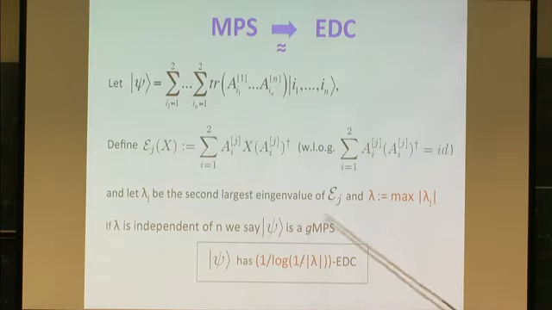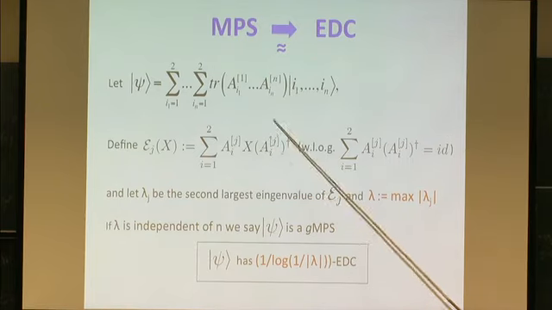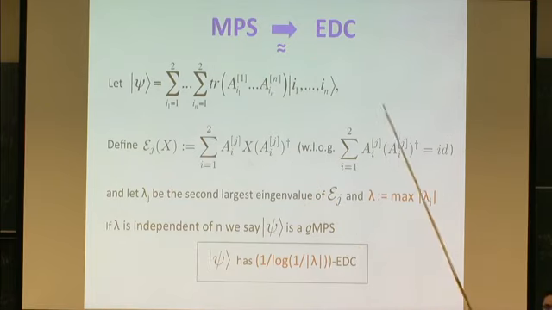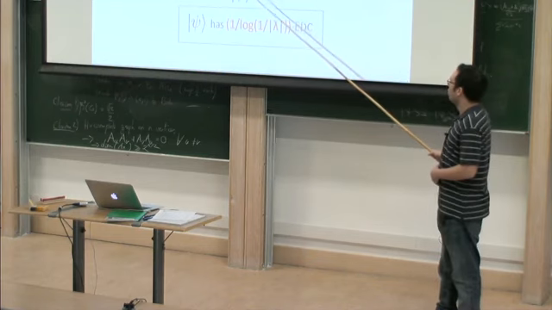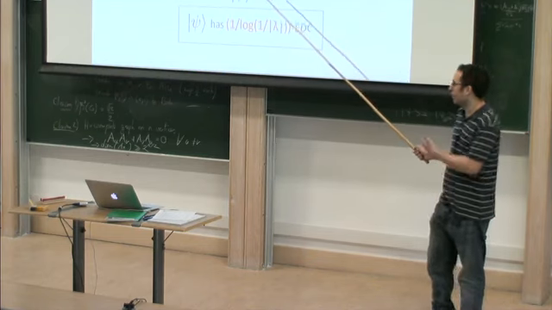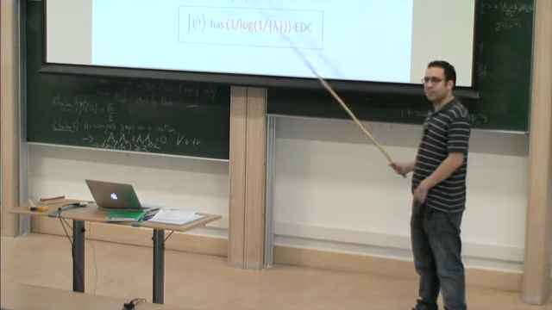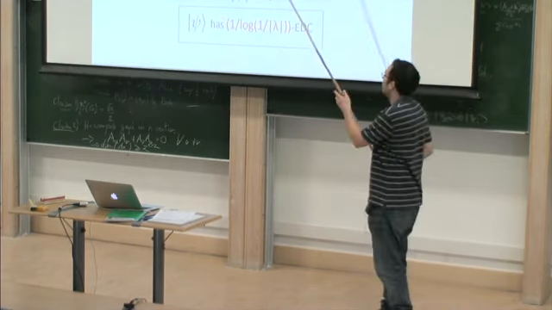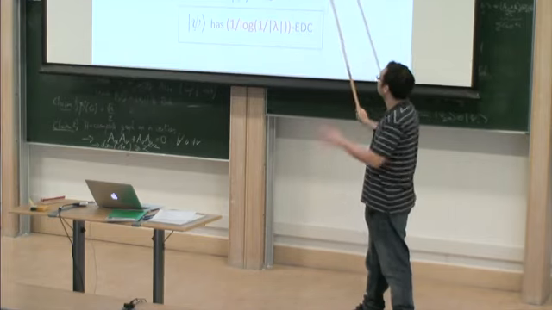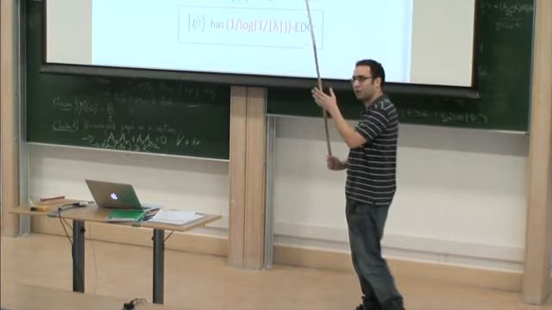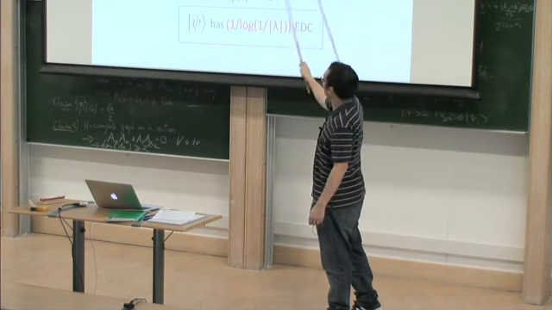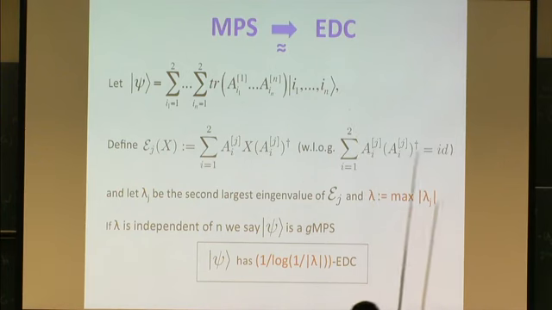The thing is that we have this channel associated to the matrix product state. Whenever there is a gap there, which in many situations we will have, and I'll give you some examples later, then the state has exponential decay of correlations. But the direction, as far as we know, is from MPS to exponential decay of correlations. Later we'll see whether we can have the other one as well, but we'll get there.